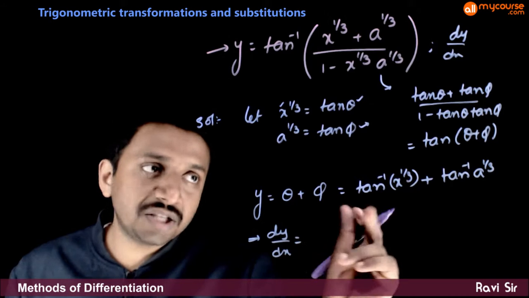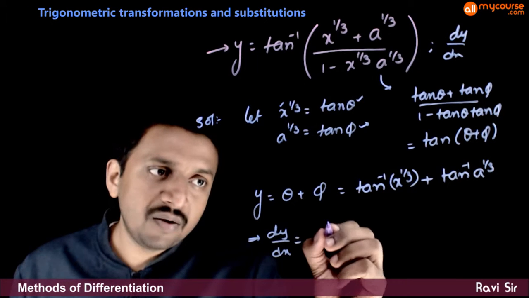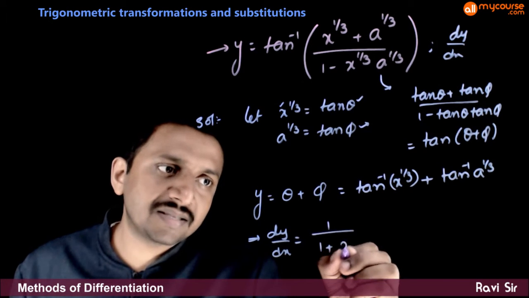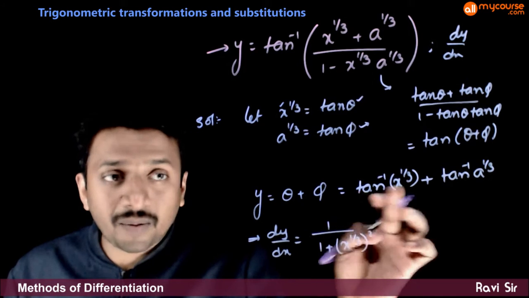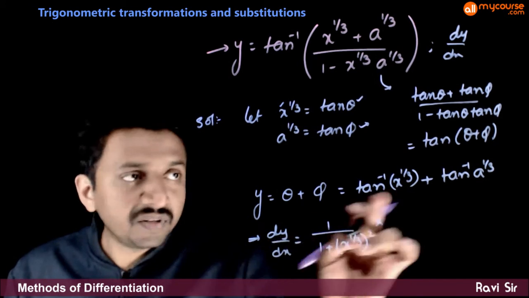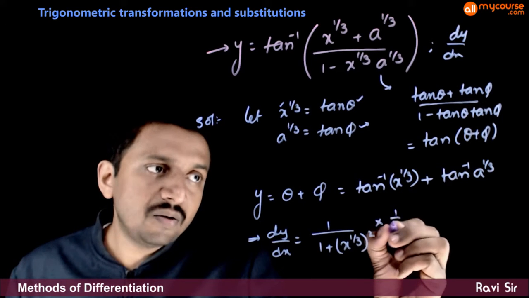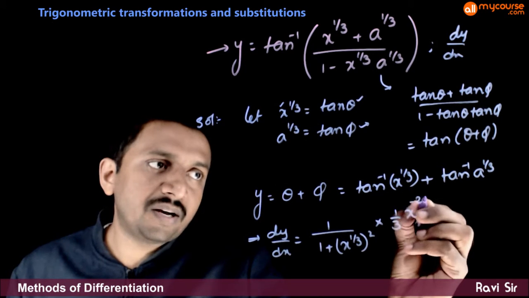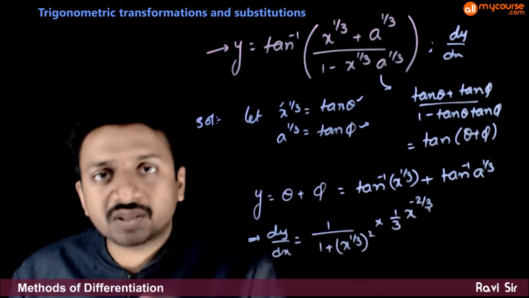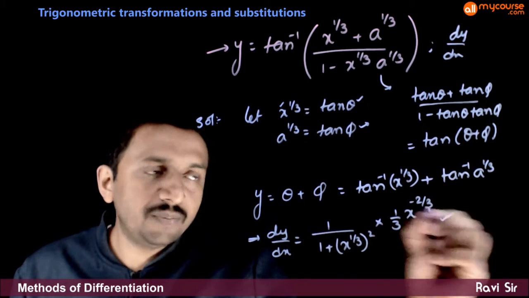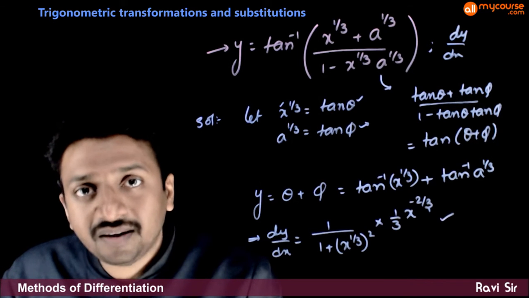So what is the differentiation of this? Tan inverse of this is 1 by 1 plus (x^(1/3)) whole square, that is 1 by 1 plus something square, into what is the differentiation of this? 1/3 x^(-2/3). So this will be the value of dy/dx.